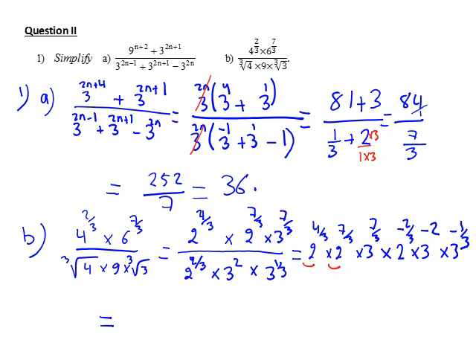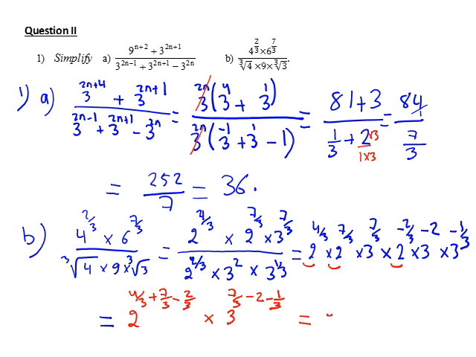Same base 2, add the powers: 2 power 4 over 3 plus 7 over 3 minus 2 over 3, times 3 power 7 over 3 minus 2 minus 1 over 3.